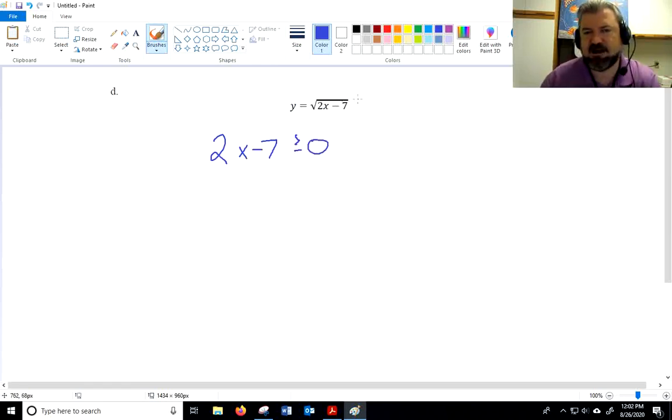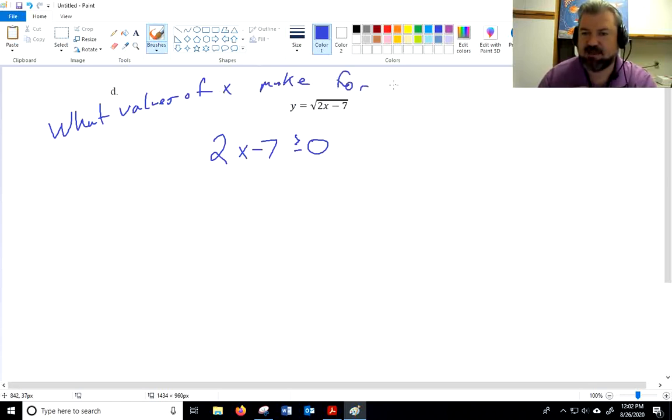Now, please keep in mind, this question has nothing to do with me solving for x or anything like that, but yet here I am solving an inequality. I'm doing it in order to answer the question, what is the domain? What values of x make for a real y? That's the question.